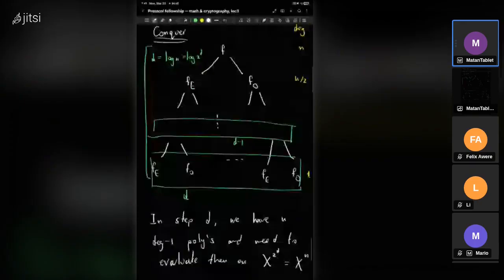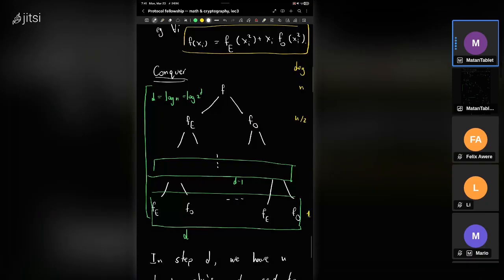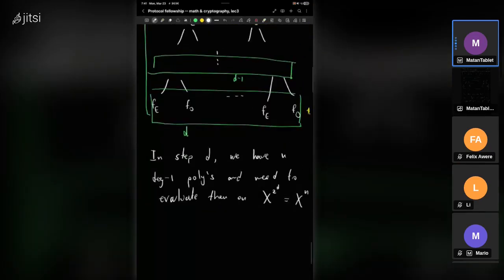At every step that I go down the recursion tree, the conquering method is telling me that I need to evaluate the Fe and the Fo that I get on the squared sampling set. So each time I square, and I have d steps, so it's x to the n.